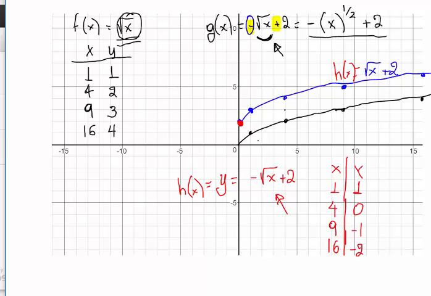The one is this, 1, 1, right here 4, 0, 9, negative 1, and 16, negative 2. So the curve that we will have is this.